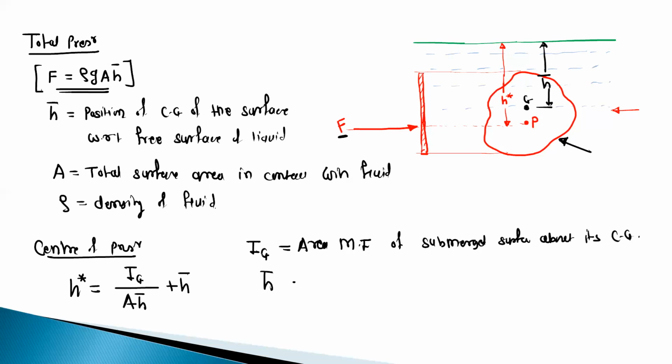And h bar is the same: the position of the center of gravity of the submerged surface with respect to the free surface of the liquid. And A is the total area in contact with the liquid. So in this way, you can find out the H star value, that means where the total pressure is acting.